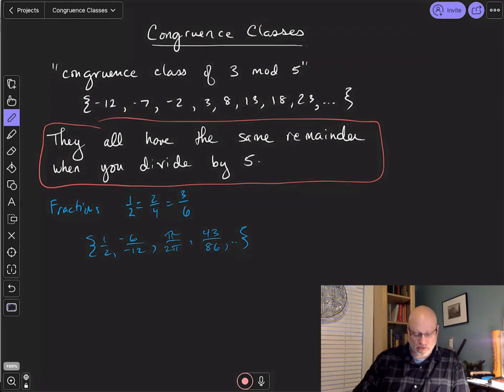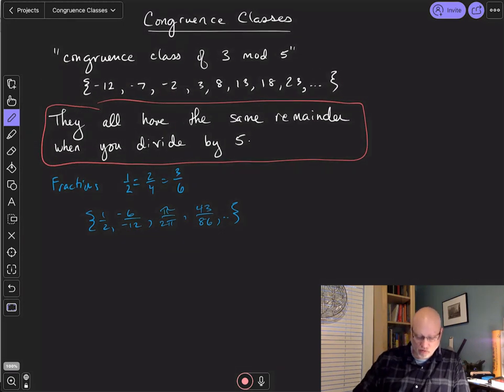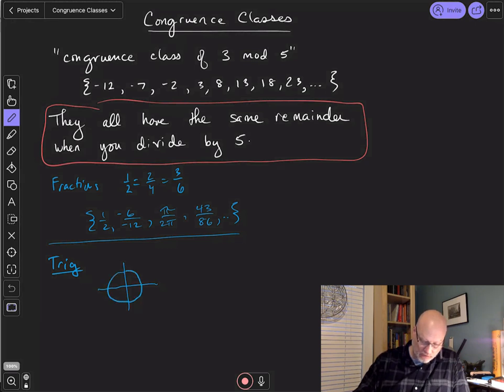The other example I want to use is for those of you familiar with trigonometry, which most of you have probably taken at this point. It's the notion of coterminal angles. Think about going around the unit circle. Let's say I have the angle pi over 3.